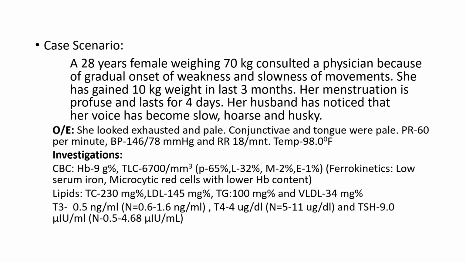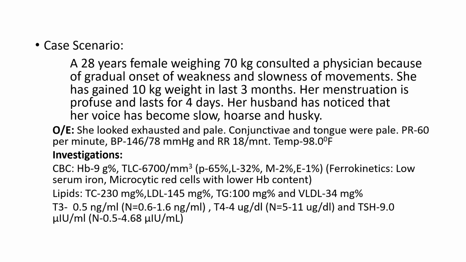Now, on examination, conjunctiva and tongue were pale, pulse 60 per minute, blood pressure 146/78 and respiratory rate 18 per minute. Temperature was 98.0 degrees Fahrenheit. So looking at this, probably this patient suffers from hypothyroidism. Tests were done and it was found that her hemoglobin is 9 gram.